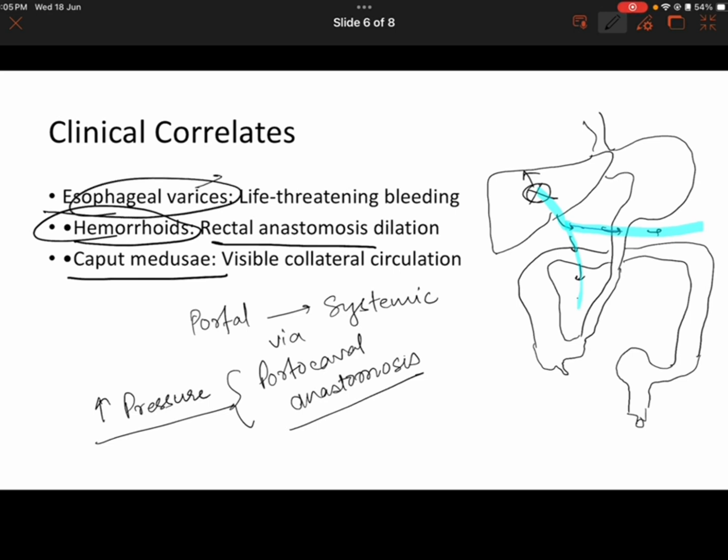So esophageal varices manifest with hematemesis, that is blood in vomitus. Hemorrhoids manifest as bleeding per rectum, that is fresh blood from rectum.